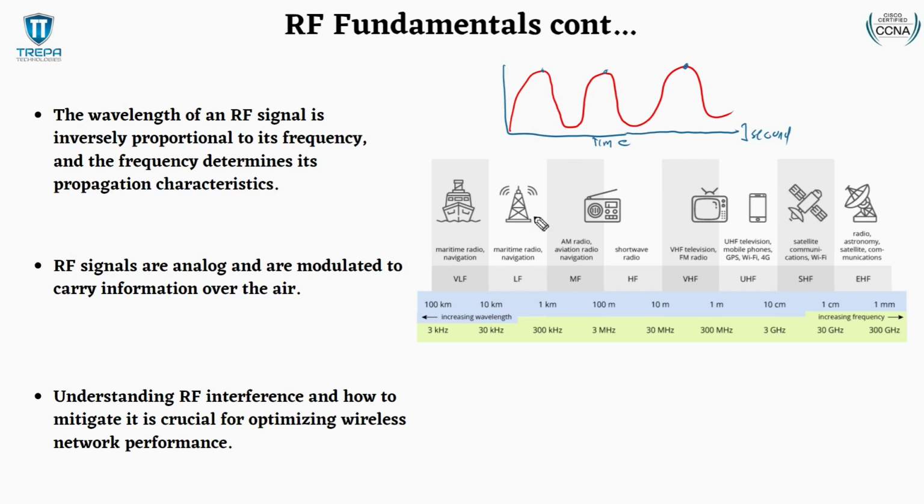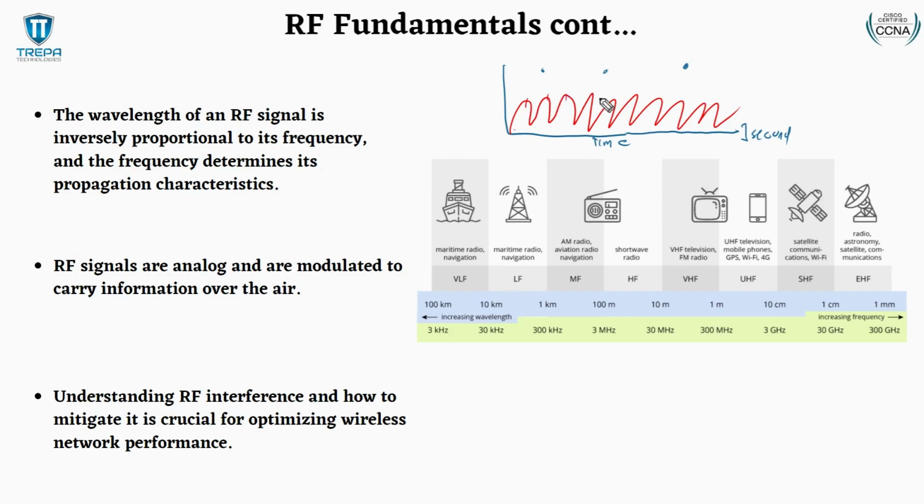So if we draw this again, and we do something like this. So in 1 second, how many waves did we get? A lot. The frequency of complete cycles increased, right?